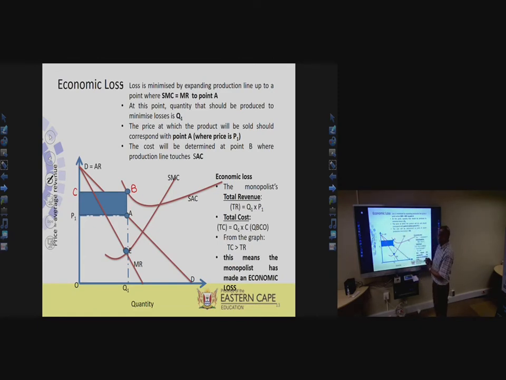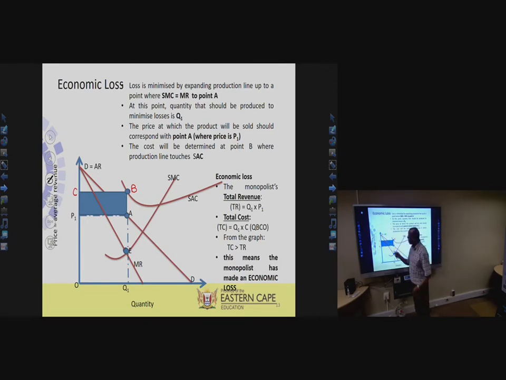And then in that particular quantity, we have said in the previous slide that the monopolist will use the AR, the demand curve, to determine the price. Then they will extend that line until it reaches point A, which falls on the average revenue.